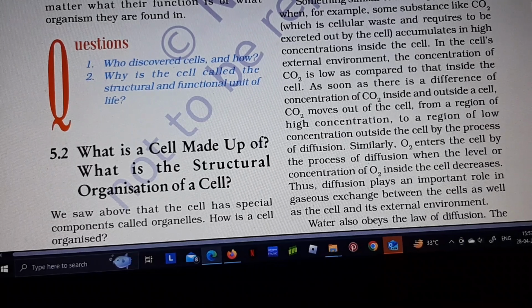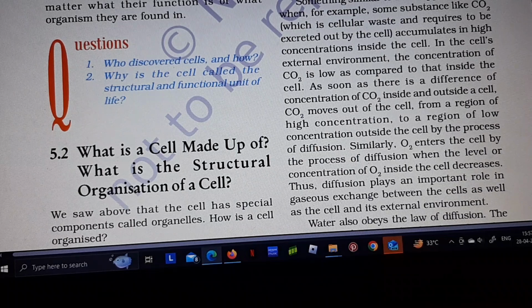As soon as there is a difference of concentration of carbon dioxide inside and outside a cell, carbon dioxide moves out of the cell from a region of high concentration to a region of low concentration outside the cell by the process of diffusion. Similarly, oxygen enters the cell by the process of diffusion when the level of concentration of oxygen inside the cell decreases.